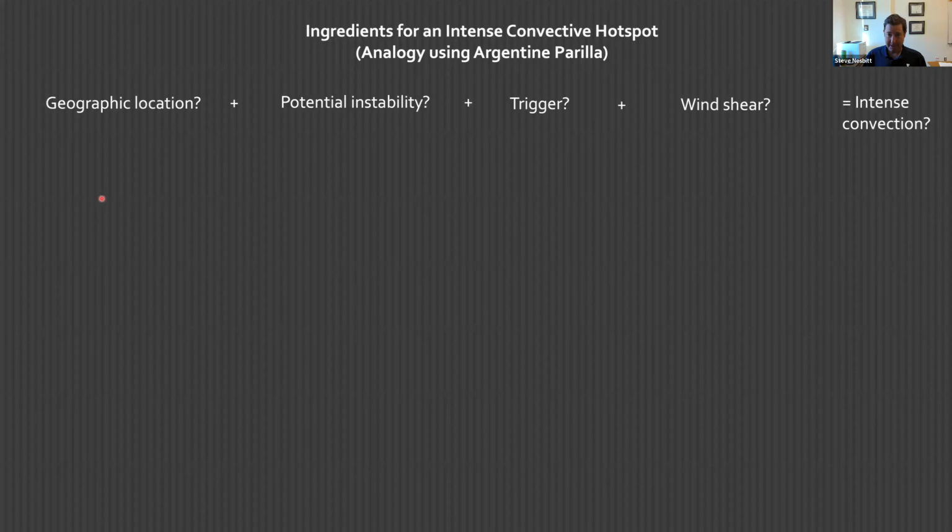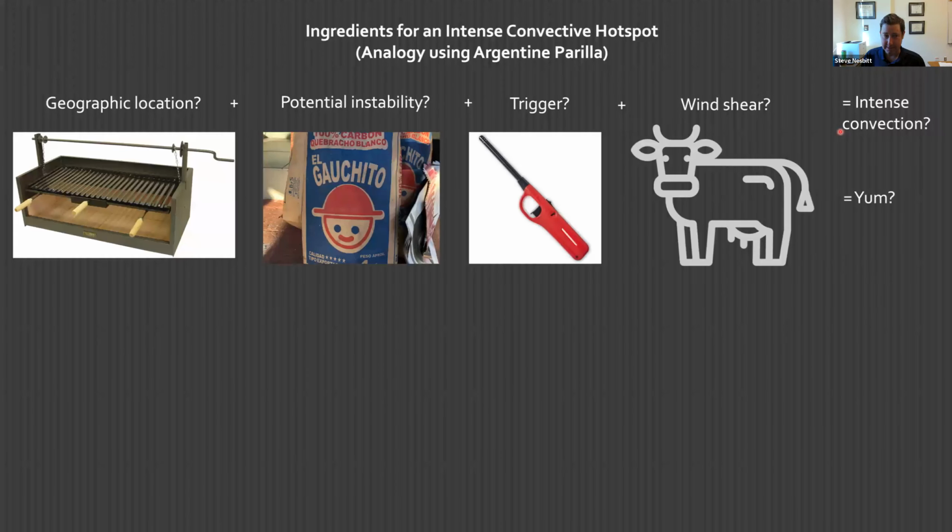So when we think about, as meteorologists, what goes into creating a convective hotspot, we think that geography plays a role. We think that instability plays a role. Of course, if you've ever tried to produce convective forecasts, you know that triggers are important. And of course, if you want high impact weather, you need vertical wind shear. And we think that that is an ingredient for intense convection.